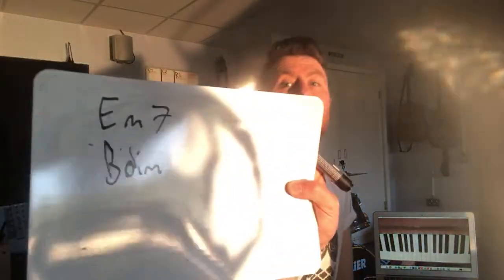F, we can substitute to A minor, and why not add a seventh and a ninth. So we got our new progression. Let me write it down. Is E minor 7, why not? B diminished, it's just written as B dim.